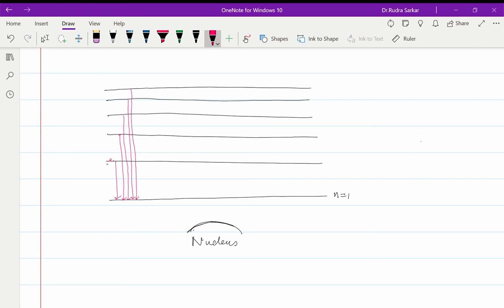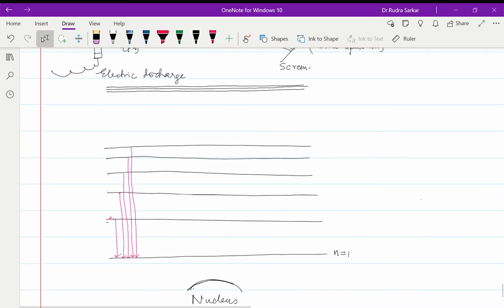This type of lines you can get. Sir, can the electron come from infinity also? Yes, it can. Why not? It's not a big difficulty.